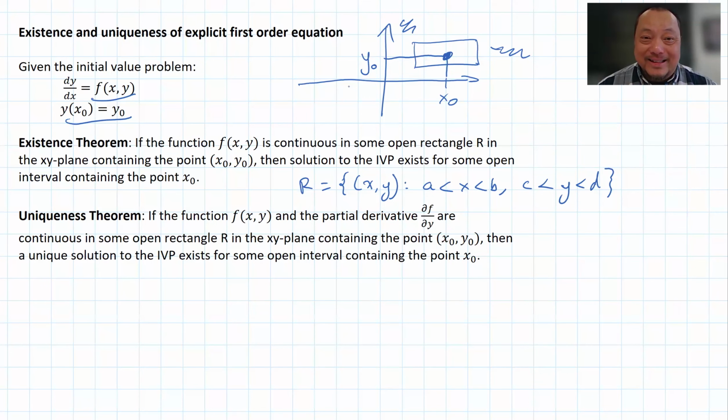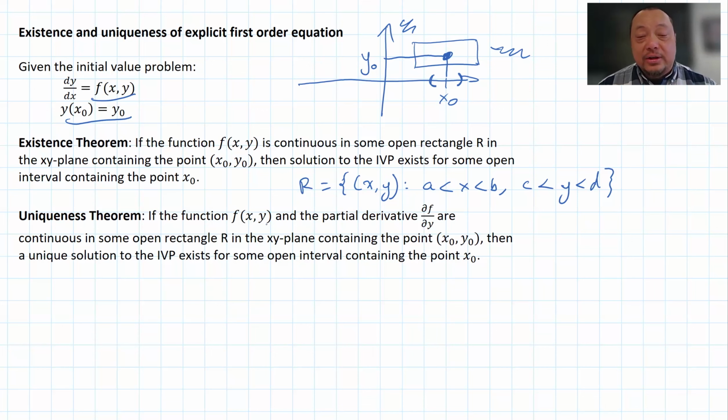Okay, that's the idea of an open rectangle on the xy plane. And what it says is that the existence of the solution is guaranteed somewhere near x naught. If you go kind of far away, then all bets are off. That's the existence theorem. The existence theorem guarantees existence of a solution if f is continuous near the initial value.